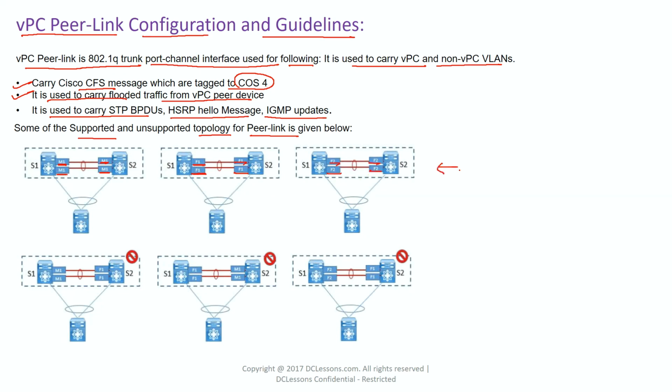So this topology is supported. Okay. But if you are using M1 here, F1 here, not supported. F1 here, M1 here, not supported. F2 here, F1 here, not supported. So both sides should have the same module.